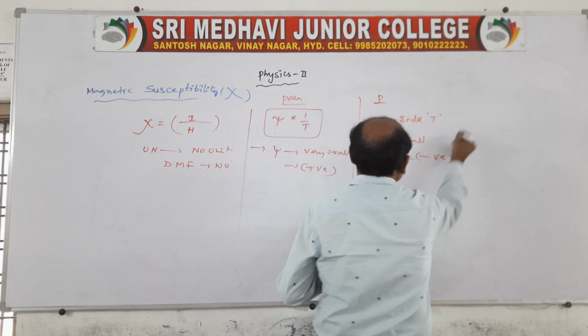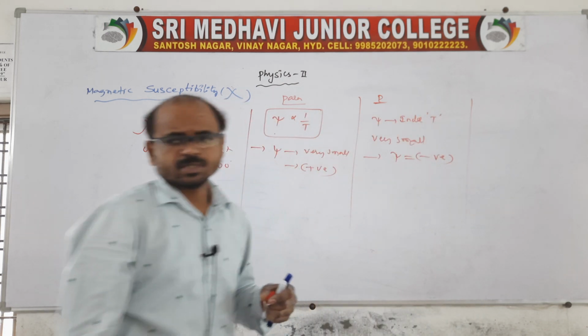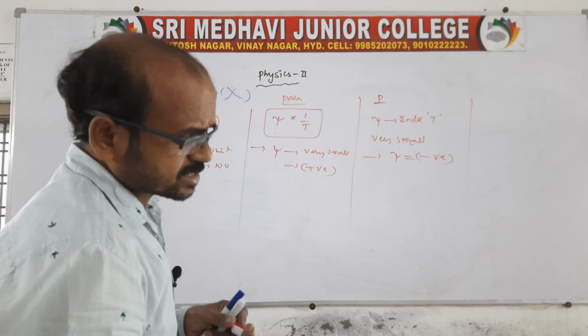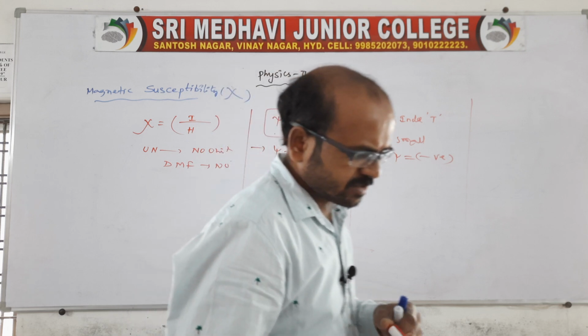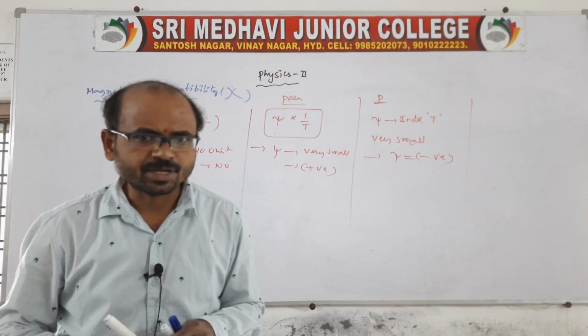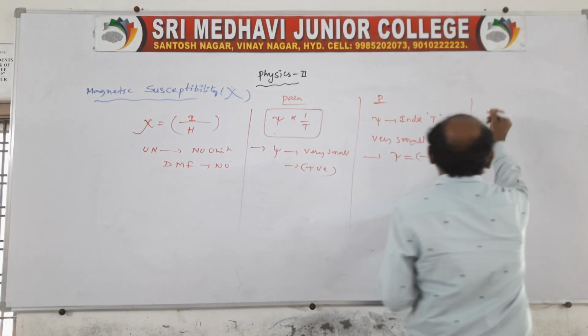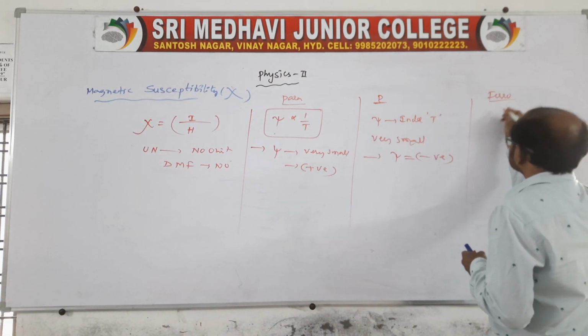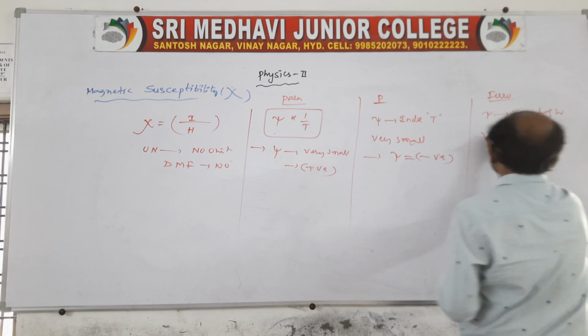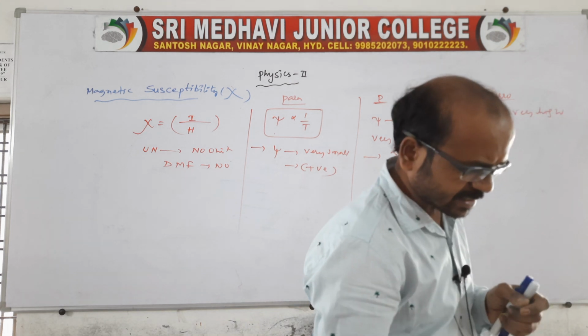This is a very important comparison between para, dia and ferromagnetic substances. If I go for ferromagnetic substances, Xi is very high, and again positive.